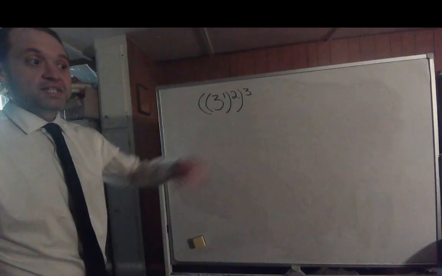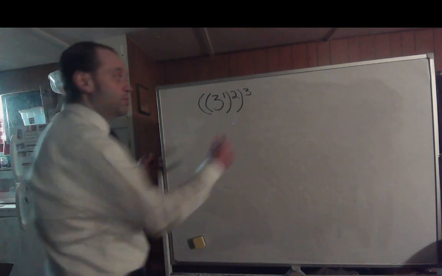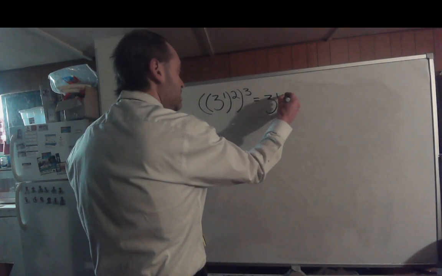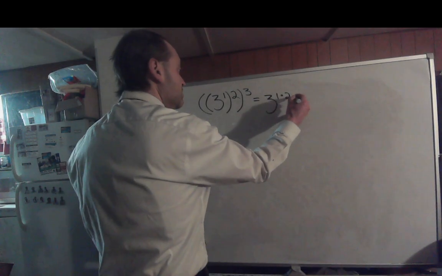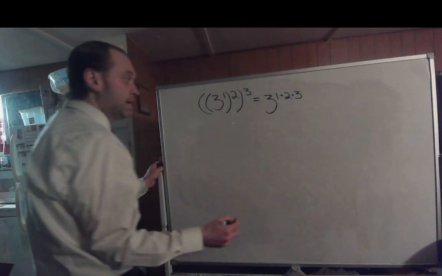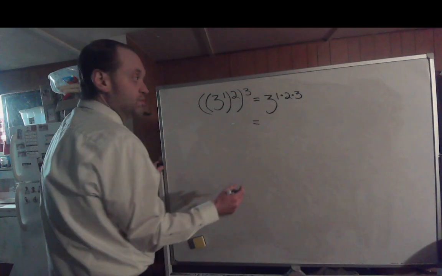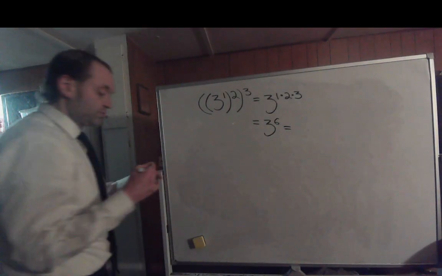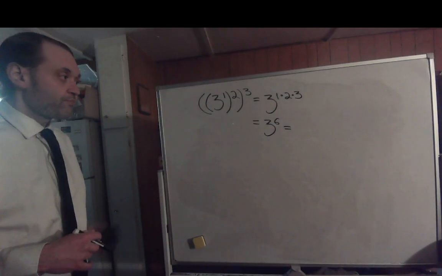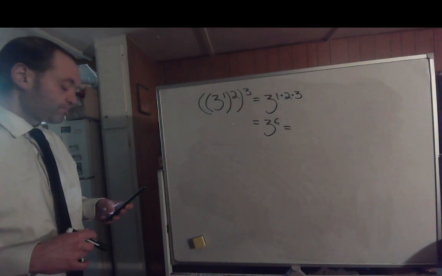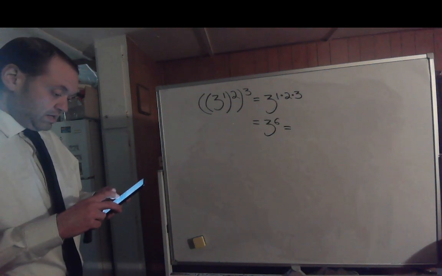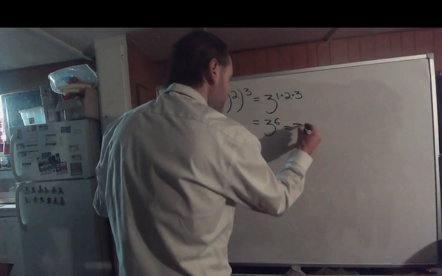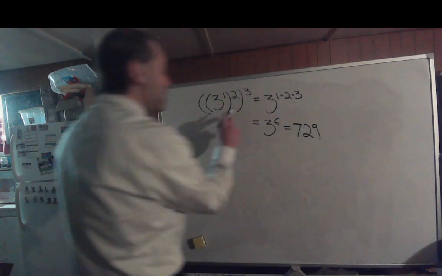You have parentheses, so you're just going to do the normal multiplication of powers. That'd be the same as 3 to the 1 times 2 times 3, right? What is 1 times 2 times 3? That would be 3 to the 6th. Well, what is 3 to the 6th power? 3 to the 6th would end up being 729. So that's the normal power to a power.